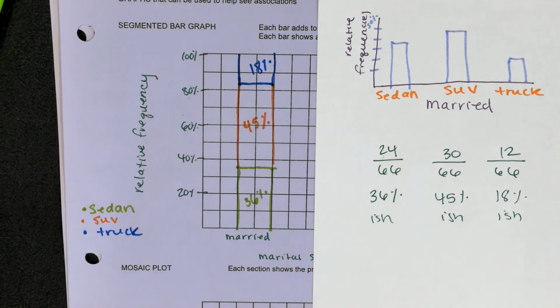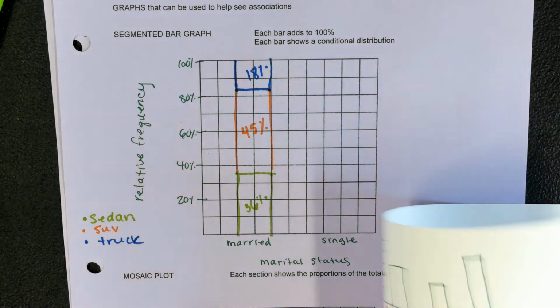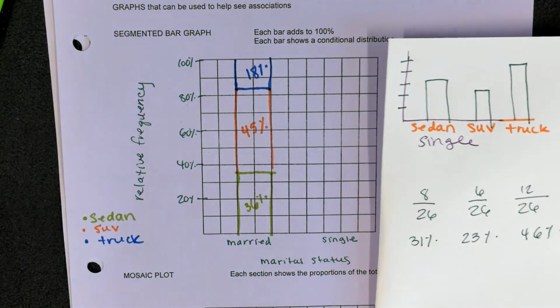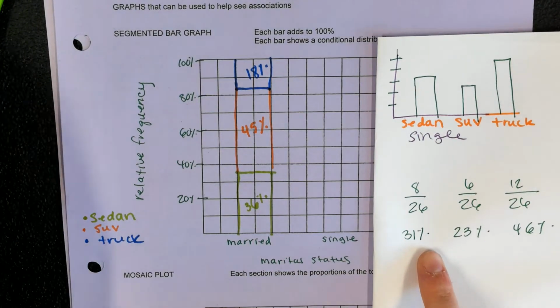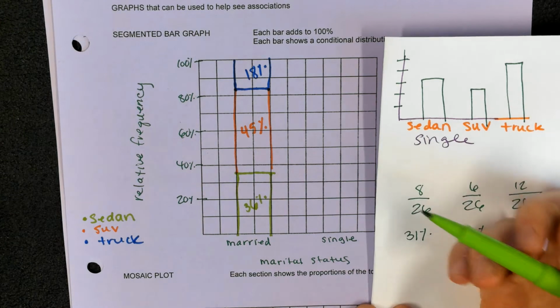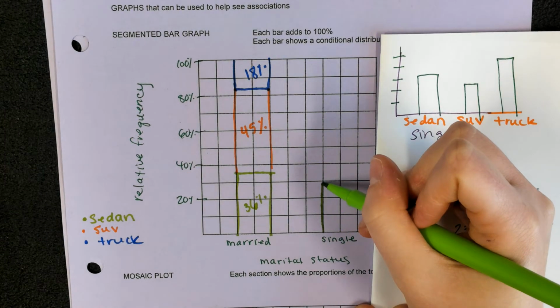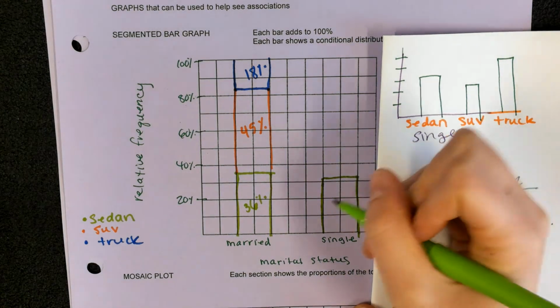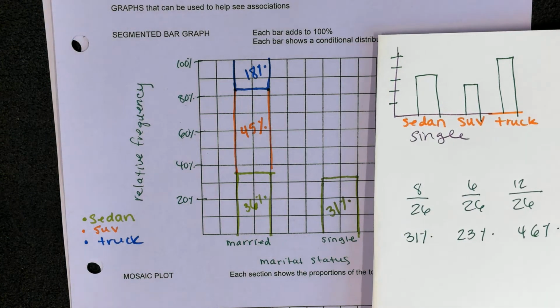It comes from this. Hopefully you're kind of following what's happening here. And we're going to do the same thing for our single folks right here. Looking at our single people, let's look at this. The first one was a sedan. What percent did they get to? They got to like 31. So we would go up to 30, which is right here, and then do a tiny bit more. This is about 31. My green is my sedans.